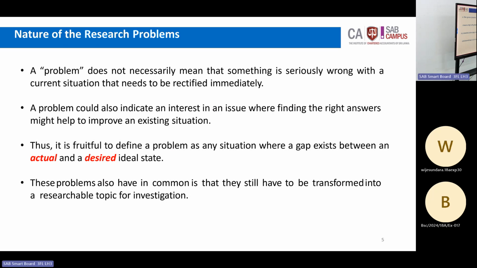Very good. Workload and the stress. Very good. Clear word example. Workload and stress.